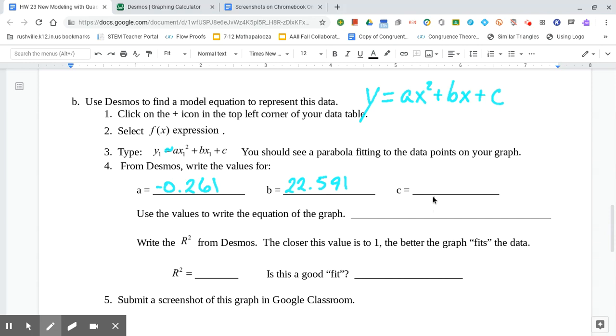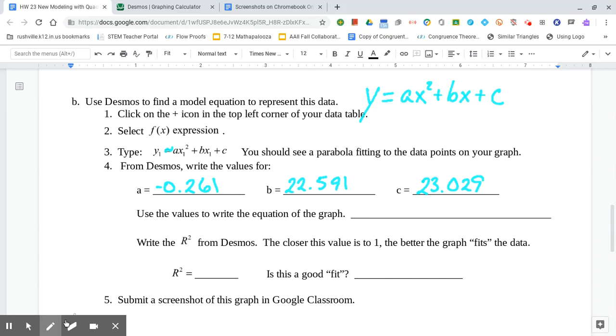And C is 23.029 if we round it. And we should all get these same values, because we're all working with the same calculator and the same points. So if you have something different, go back and check your data.